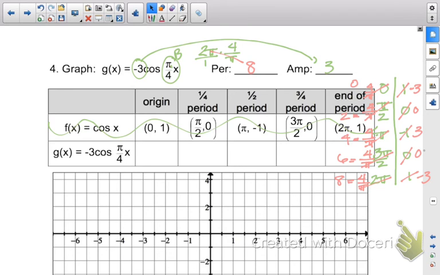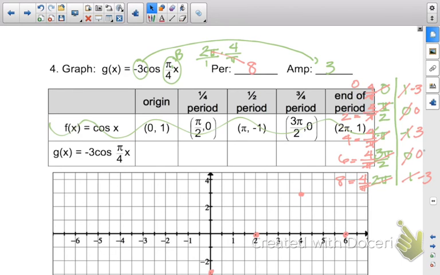So I have the point 0, -3, which I can draw all the way down here. 2, 0. I have the point 4, up 3. And I have the point 6 back to 0. I don't actually have the point to get over to 8, -3. You could kind of estimate where it is and go over here somewhere off to the side of your graph.